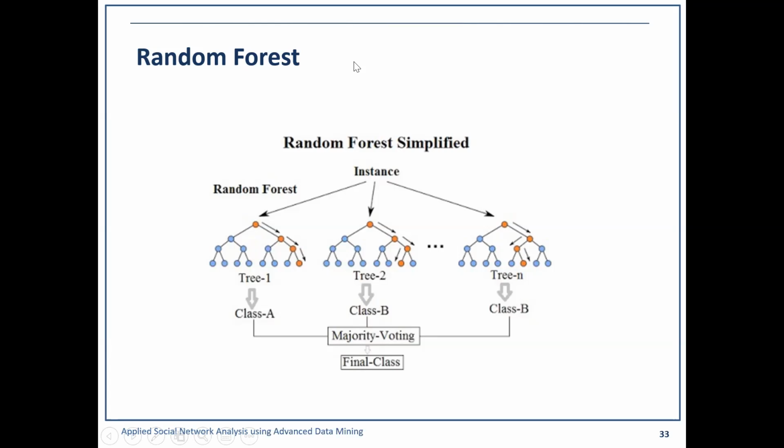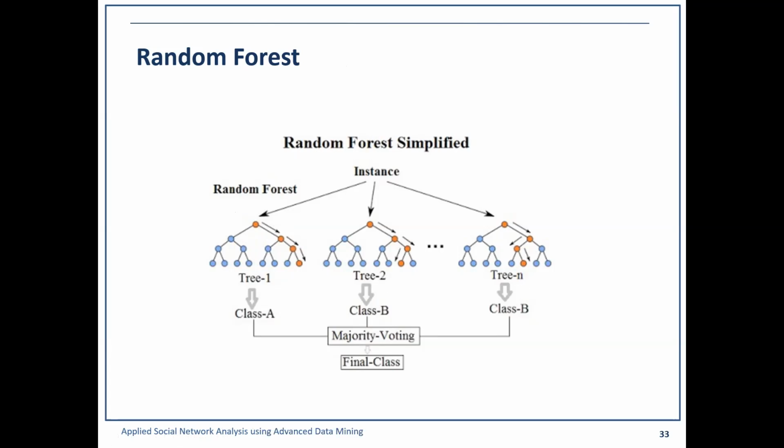The same happens here. There is a technique for classification called random forest that simply uses several trees. So I have one tree on this side, tree number 1, tree number 2. In total, we have n trees. Each one is used to classify an observation.